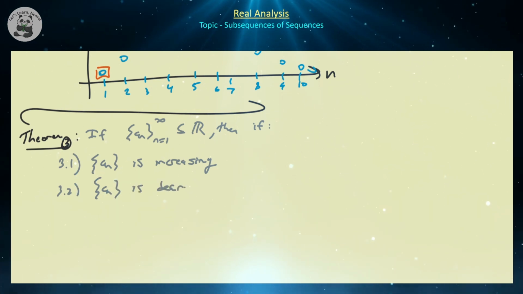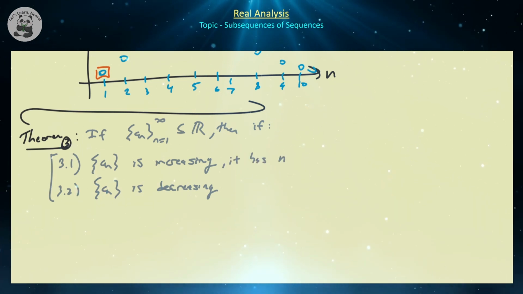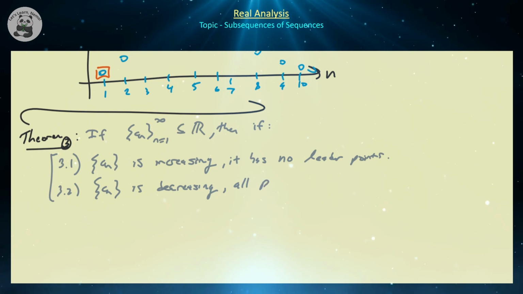Also, if you have a decreasing sequence, what can you tell me about the leader points? If you have an increasing sequence, then it has no leader points. And if it's a decreasing sequence, then all points are leader points.